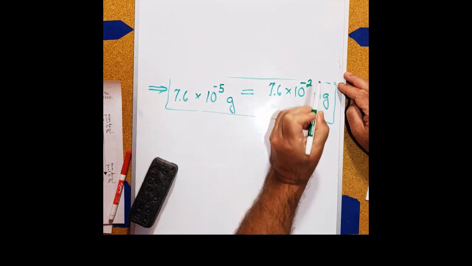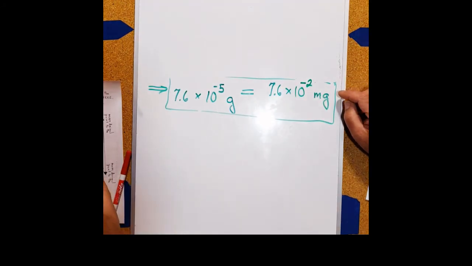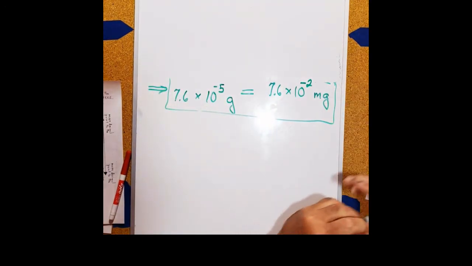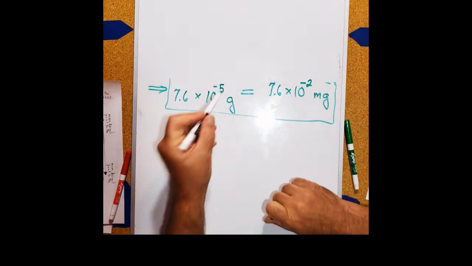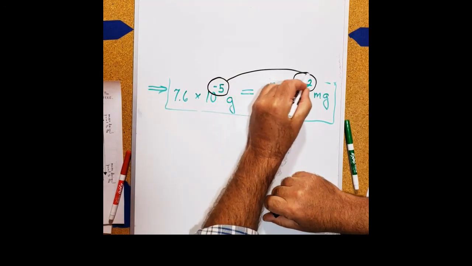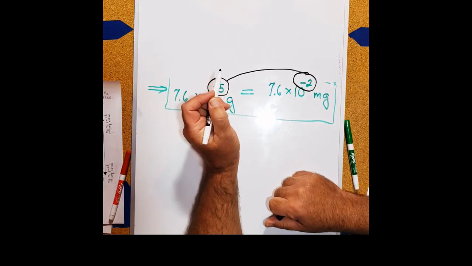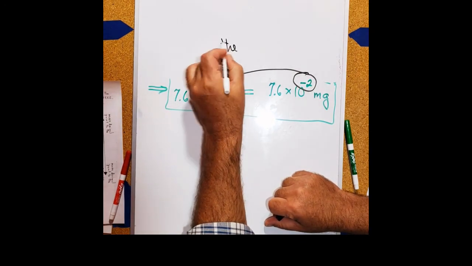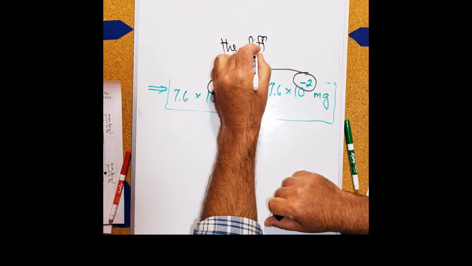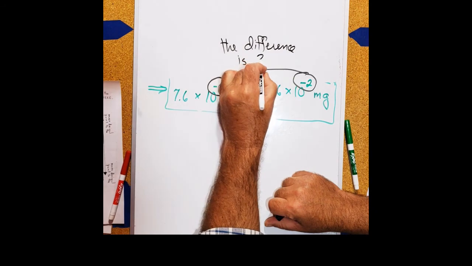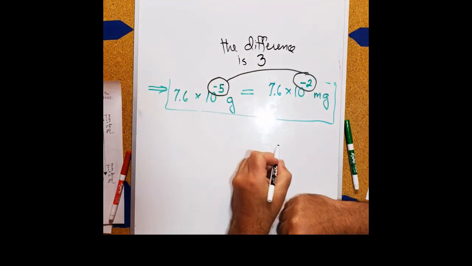Now let's put the negative 2 back in here, and I want to point something out to you. What is the difference between these two exponents? Mathematically, what is the difference? It's 3. Right? Just think of a number line.